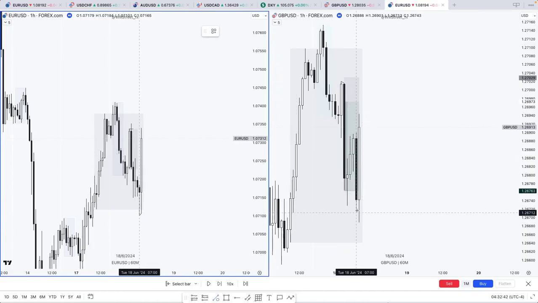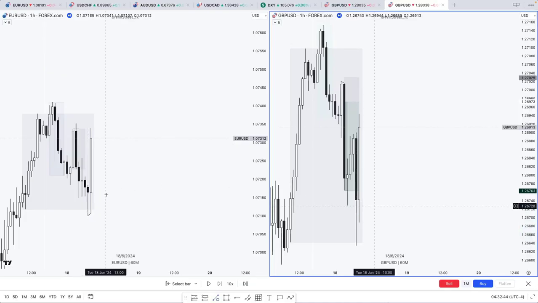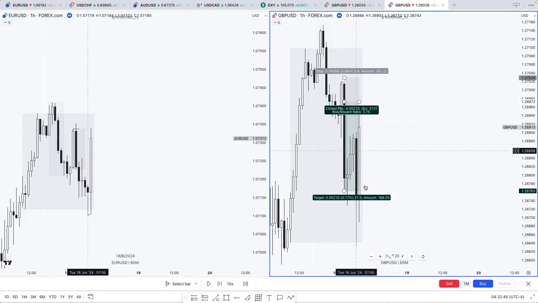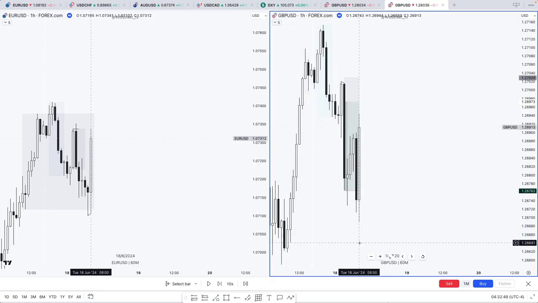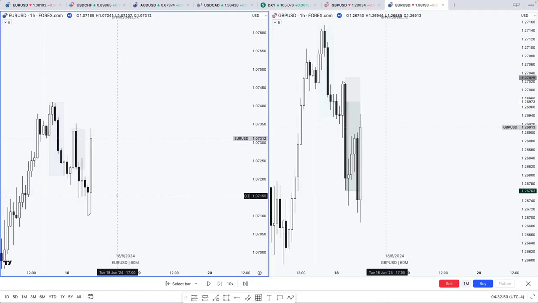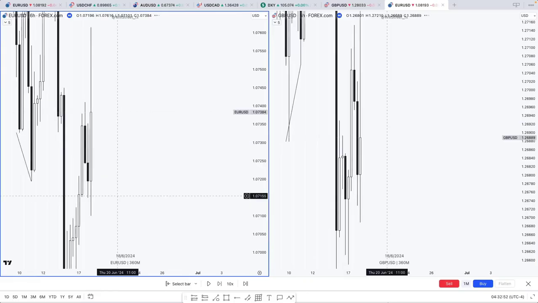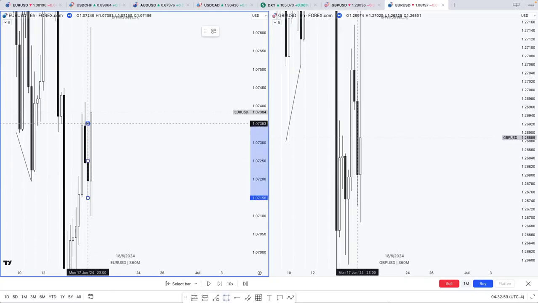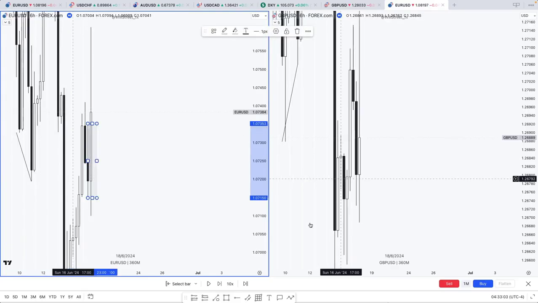You have to imagine that this is already done, so reversal. Now that's complete, and it creates another range. Look at this. This is our new range, and our new draw on liquidity is here, higher. Exactly the same here.